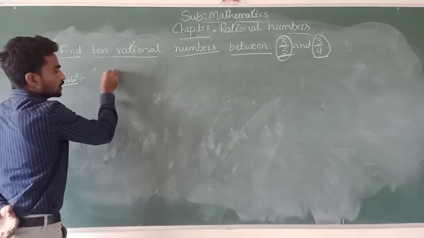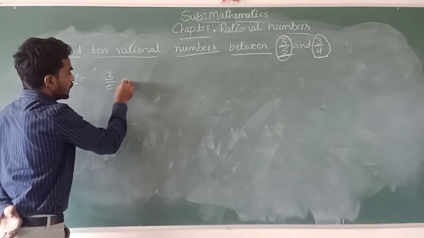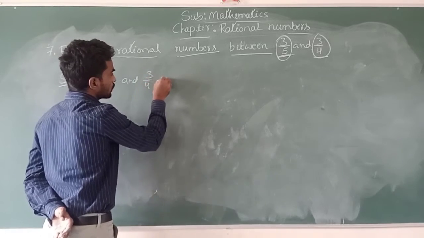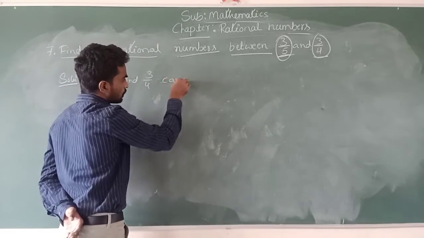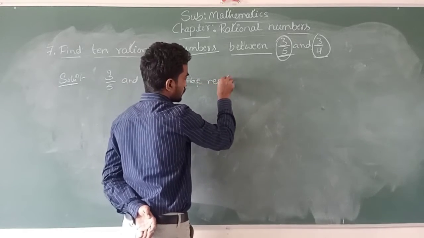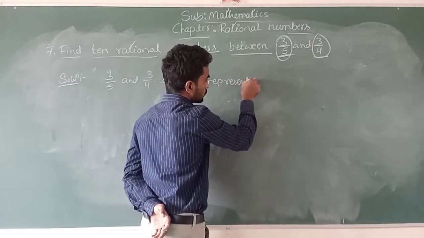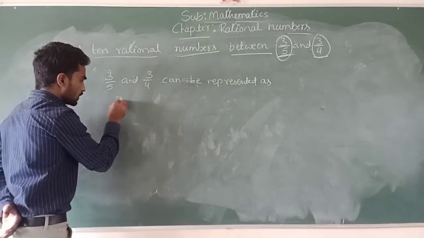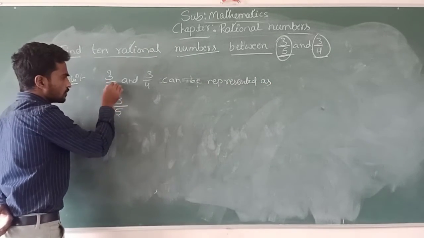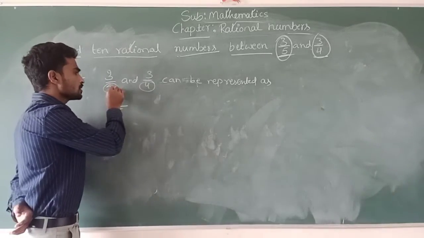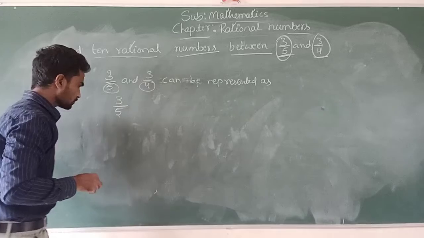Solution: 3 by 5 and 3 by 4 can be represented as follows. Here observe these two rational numbers having different denominators. We convert them into the same denominator.